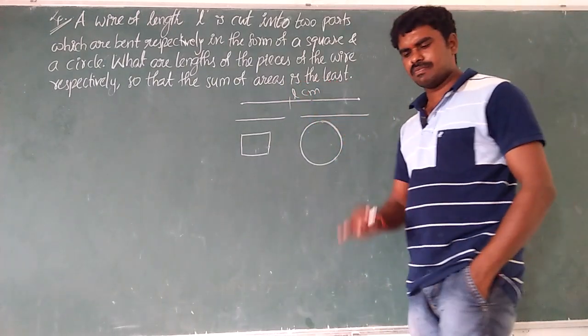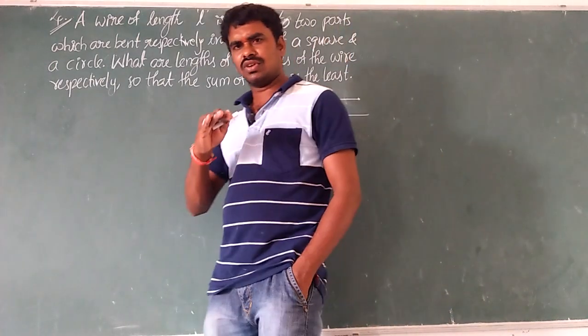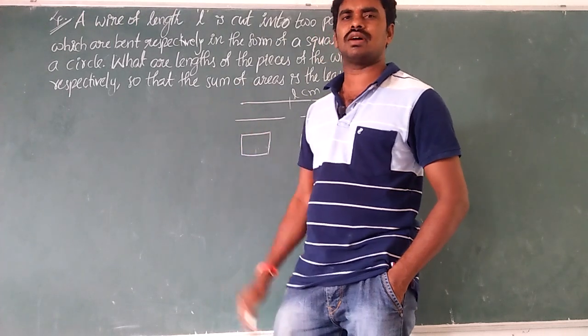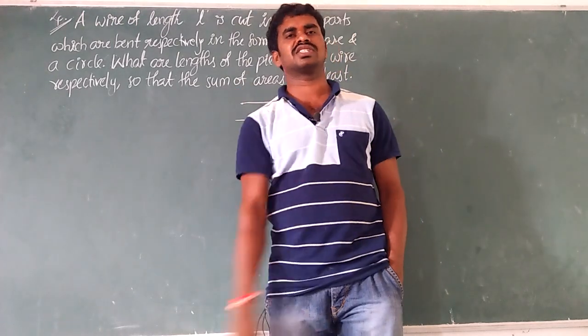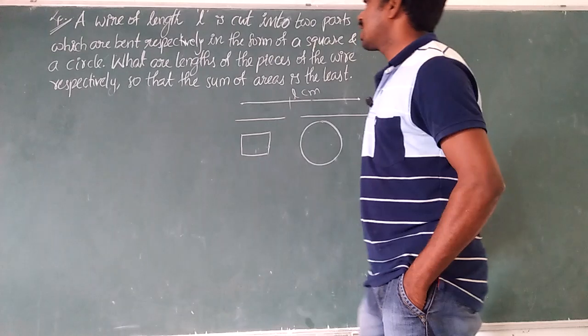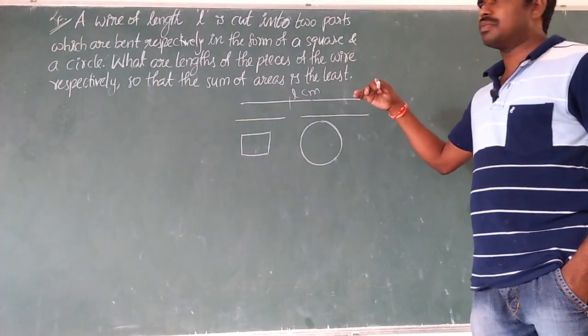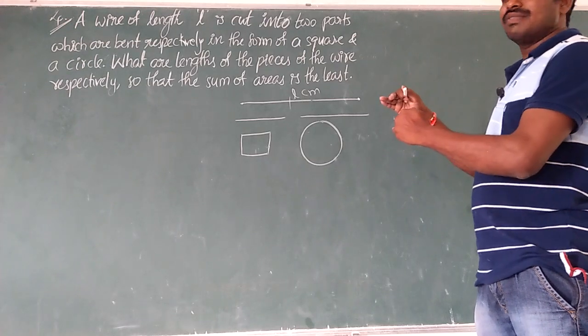Maxima and minima: if you learn the previous video, Part 7 of Applications of Derivatives by NAGARAJU SIR, this one is easily understood. Even so, I will tell you. In this chapter on maxima and minima, first we should write the given information.